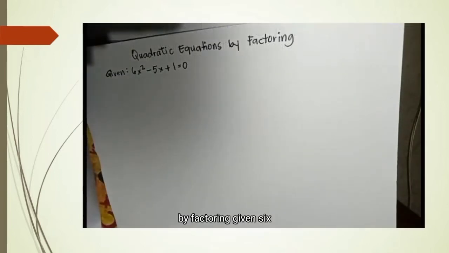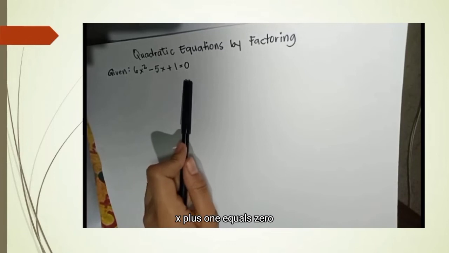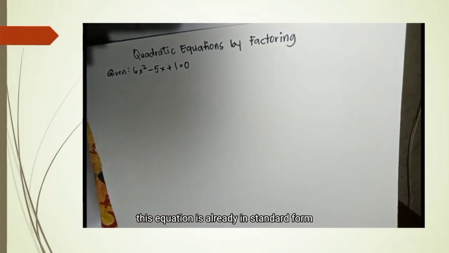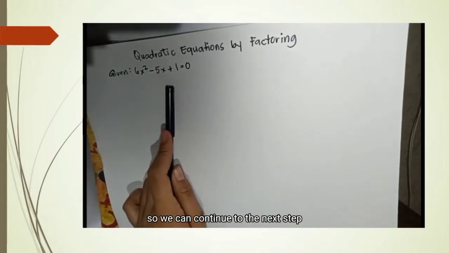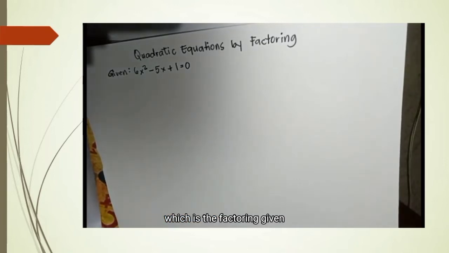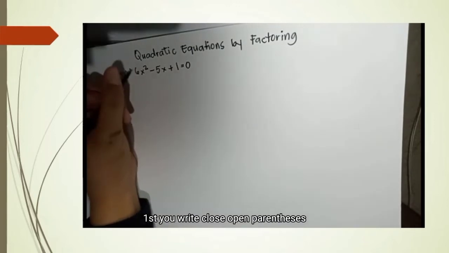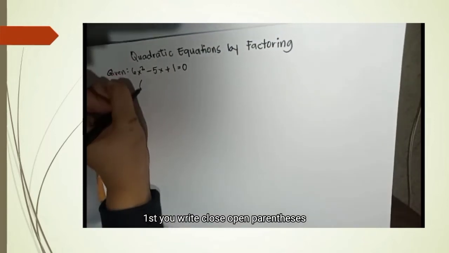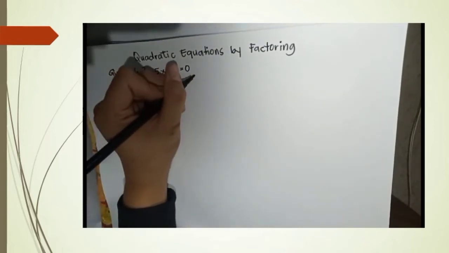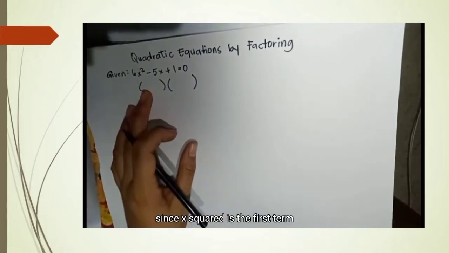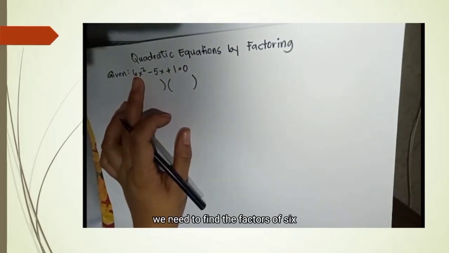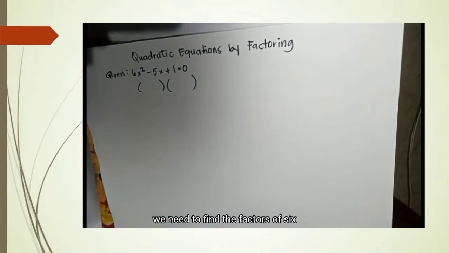Quadratic equations by factoring. Given 6x squared minus 5x plus 1 equals 0. This equation is already in standard form, so we can continue to the next step, which is to factor the given. First, we write close and open parentheses. Since x squared is the first term, we need to find the factors of 6.